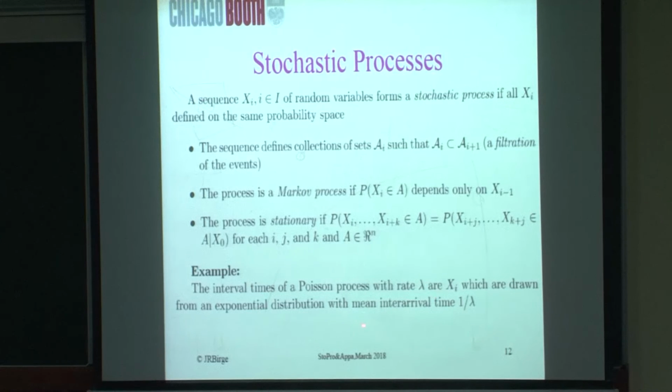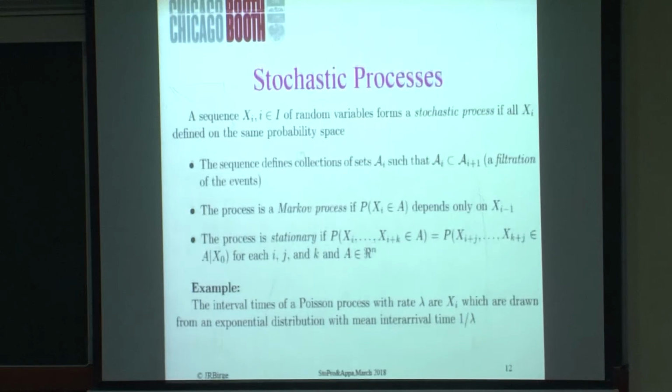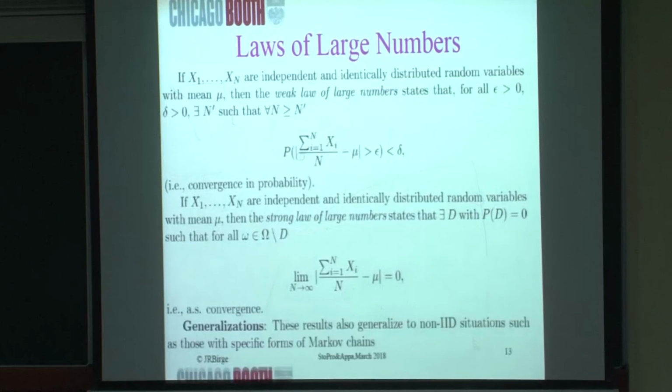Those would be both stationary. They're trivially Markov because they're independent, so they don't depend on any of the previous observations. Okay, so those are common stochastic processes. So I said laws of large numbers are important.